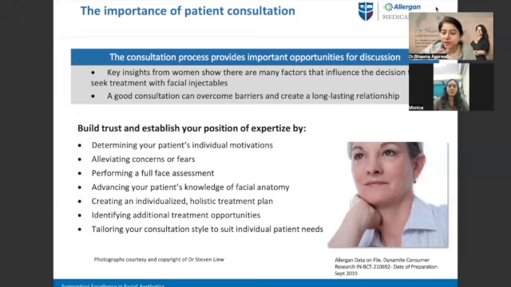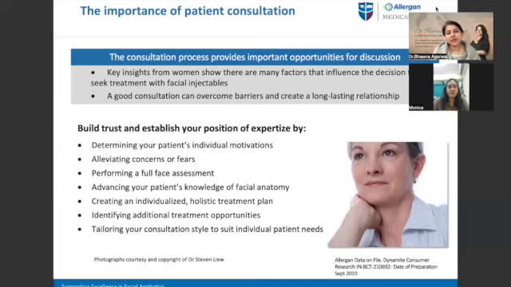The more you converse, the more you get to know them, the more long lasting a relationship you will have with them. And aesthetics is something, if you do it once, they will need it for the rest of their life. Patients usually do not change their aesthetic doctors once they are comfortable with one, unless something mishap happens, or unless they feel that they have not been understood well.